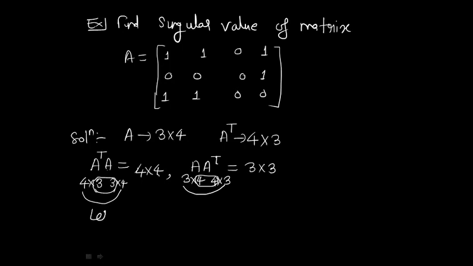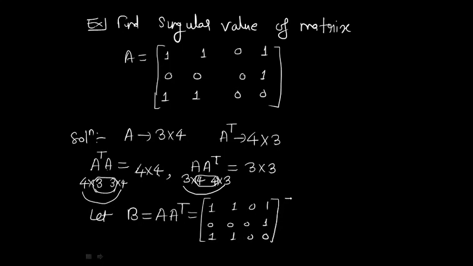So let us take B as A into A transpose, which will be a 3 by 3 matrix. First we will write A: 1 1 0 1, then 0 0 0 1, next 1 1 0 0.